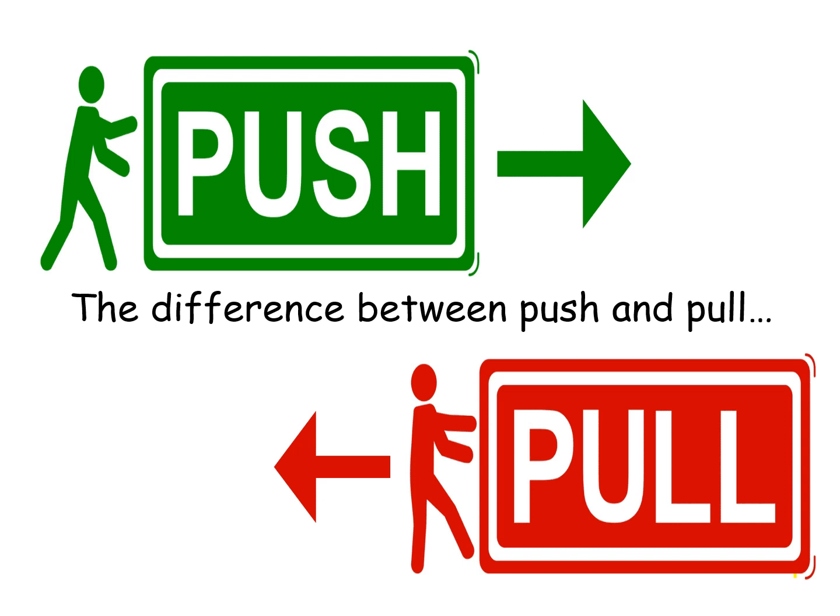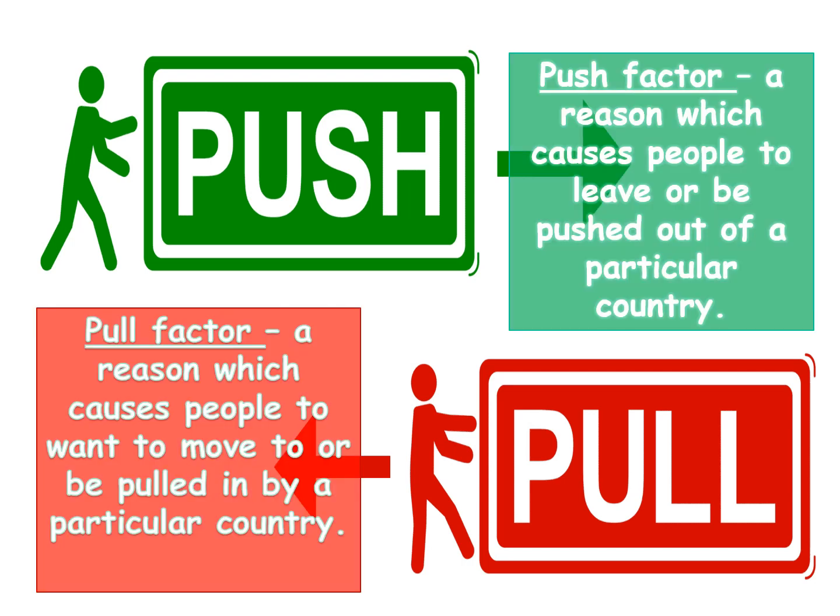Obviously, if we're thinking about push things, it's anything that would be pushing people out of a country or pushing them to make a move. Pull factors are anything that would be pulling them in. So it's a good point in your notes, wherever you're making notes for this, to maybe write down these two differences. So a push factor, which is our green box there, is a reason which causes people to leave or be pushed out of a particular country.